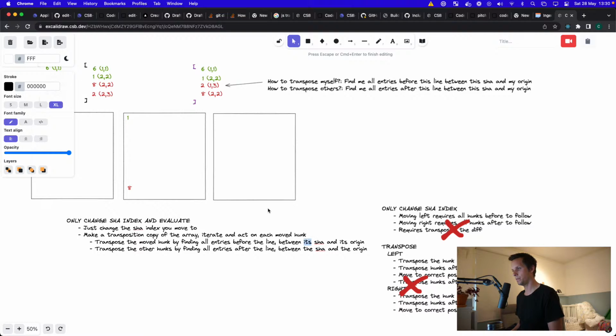Maybe that's a better way. The SHA and the origin.